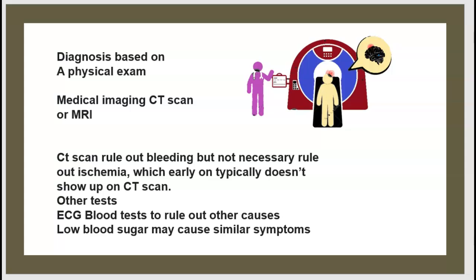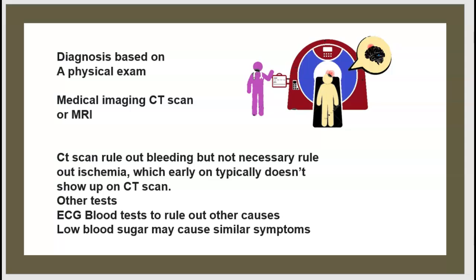Diagnosis is based on a physical exam and medical imaging, including CT scan and MRI. A CT scan rules out bleeding, but not necessarily ischemia, which early on typically doesn't show up on CT scan. Other tests include EEG and a blood test to rule out other causes. Low blood sugar may cause similar symptoms.